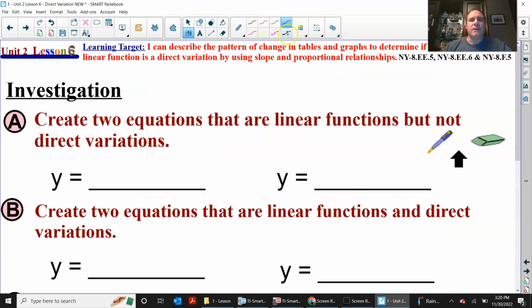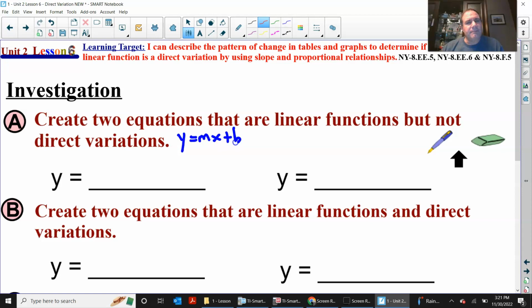All right, create 2 equations that are linear functions but not direct variations, right? So no direct variations. So that means it cannot cross through 0, 0. So we have an equation of a line. So the equation of a line is y equals mx plus b.